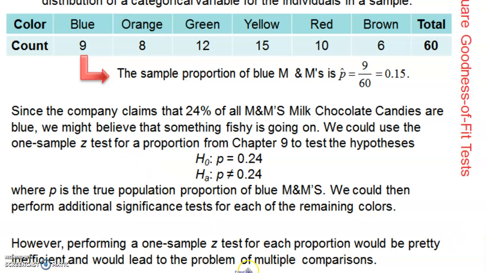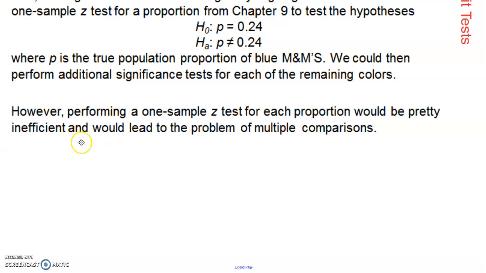Now, there's a problem with that, and that is performing that many tests for a proportion would be pretty inefficient. You'd have to do 6 different tests, and that does lead to the problem of multiple comparisons. Remember, if you do many tests, you would expect to get some type 1 errors, and too many, in fact.